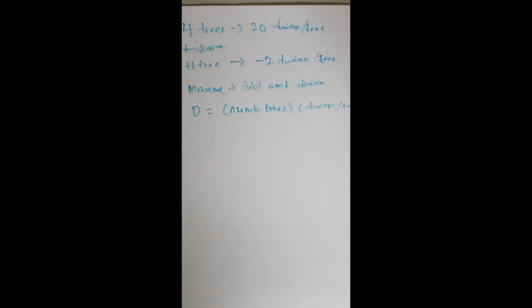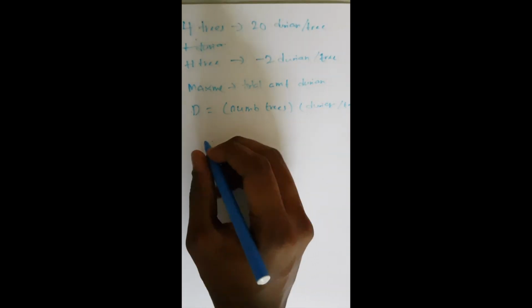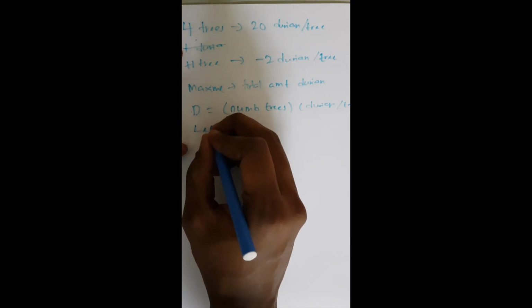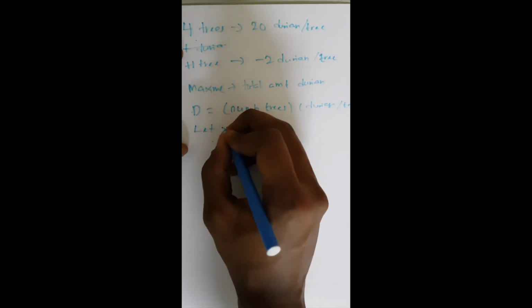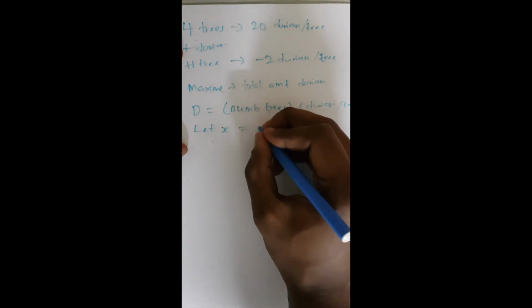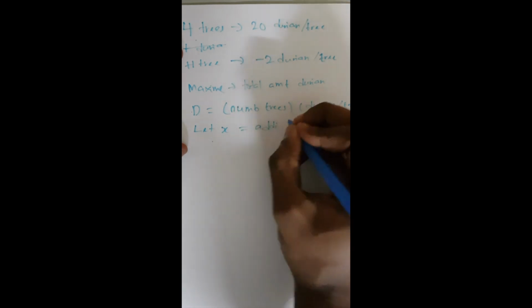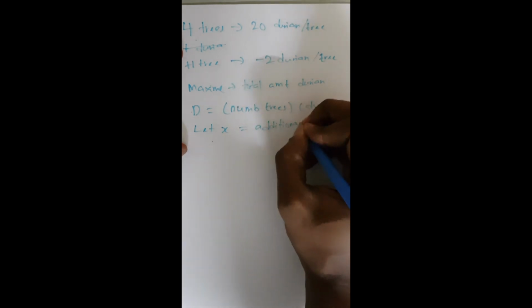So what we want to do from here is create an equation to find that amount. First we will let x equal the additional trees added.